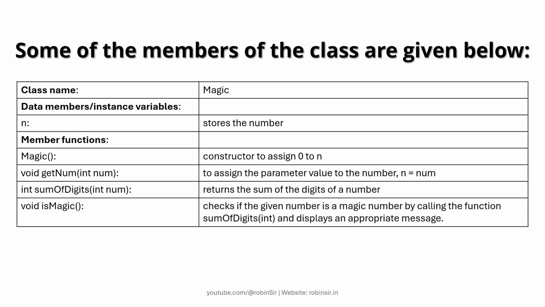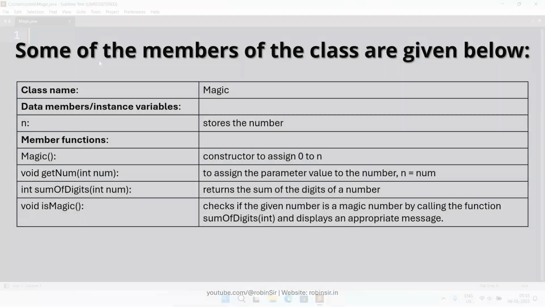We have a non-parameterized constructor, a function getNum to receive the number, a function called sumOfDigits to find the sum of the digits of the number, and a function called isMagic, which is going to check and display whether the number is a magic number or not. So that's the question. Let's start writing the program.